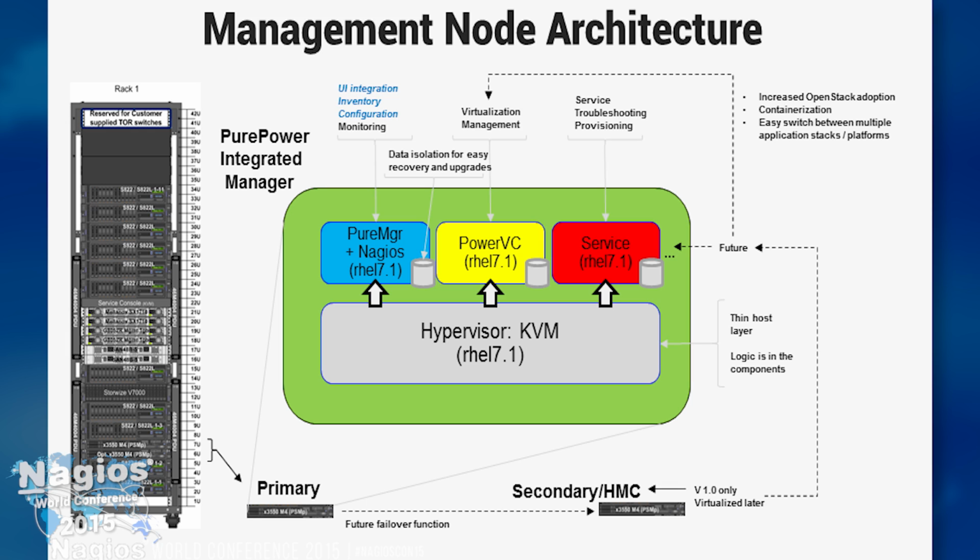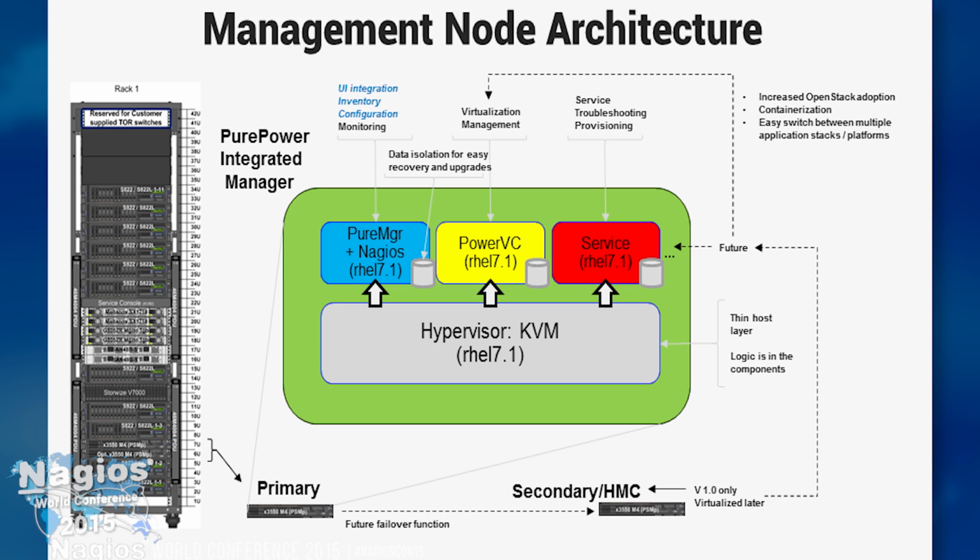And then there is the main focus, where we have the PureMgr and Nagios running. The functions we initially targeted for this first offering were monitoring, of course, which Nagios is responsible for, and then configuration and inventory. I'm going to talk more about that, but we have a custom user interface that integrates all these other applications running in the solution.